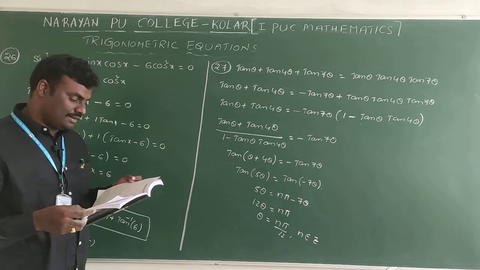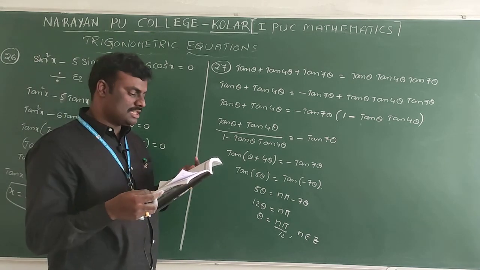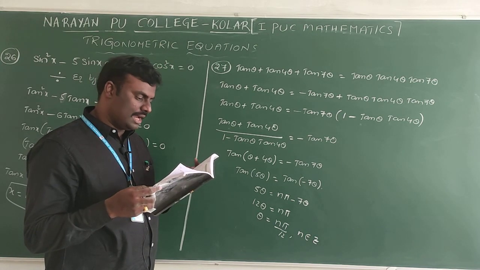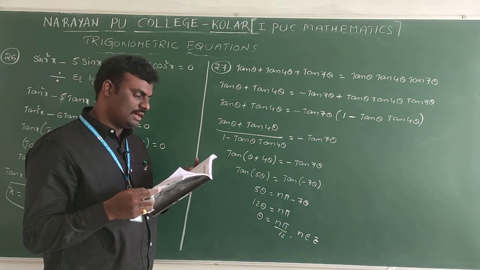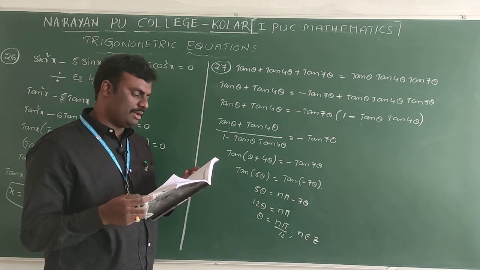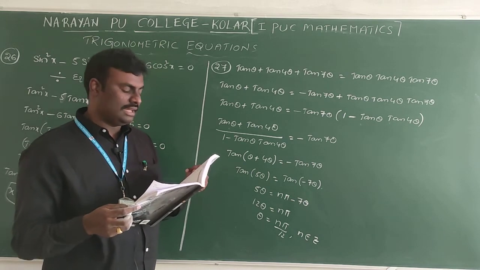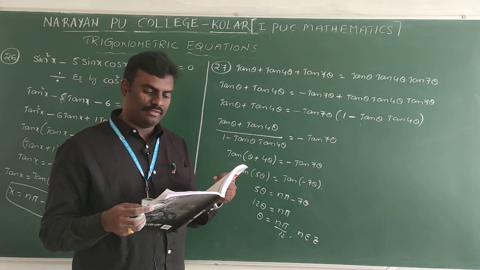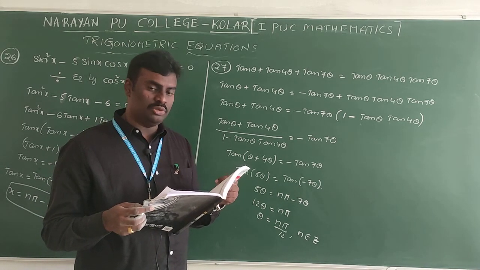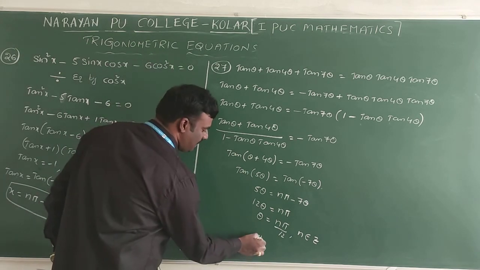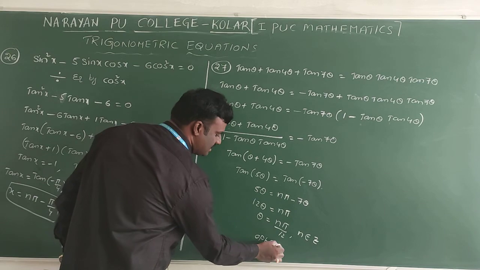This is the final answer, and it is given in the first option. Because in the first option, theta is equal to n pi by 12, where n belongs to Z. That's why for this question option A is the correct answer.